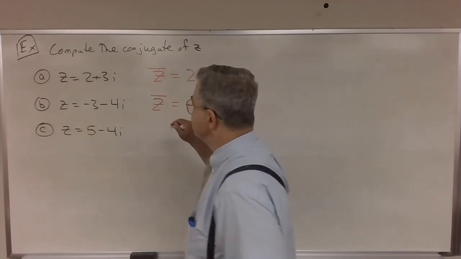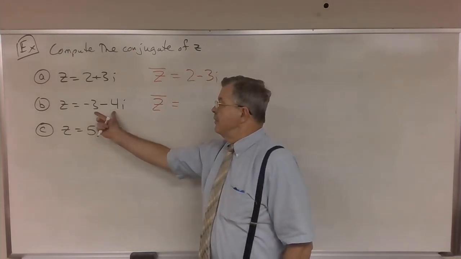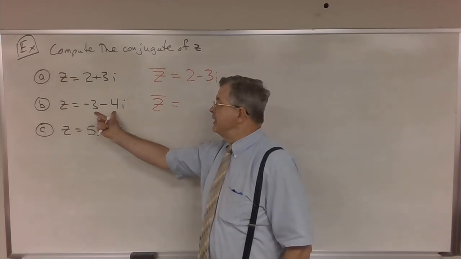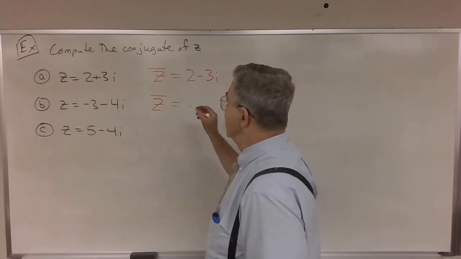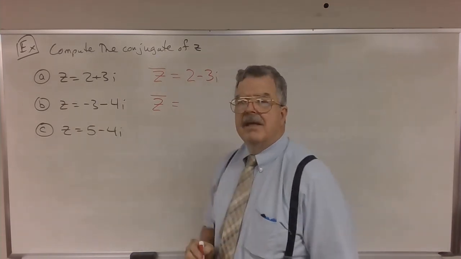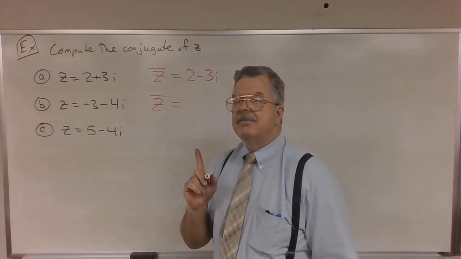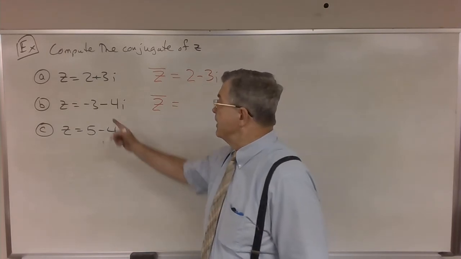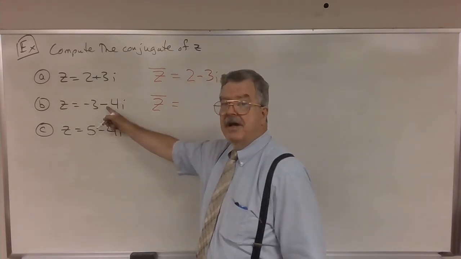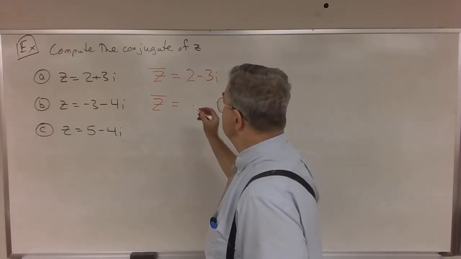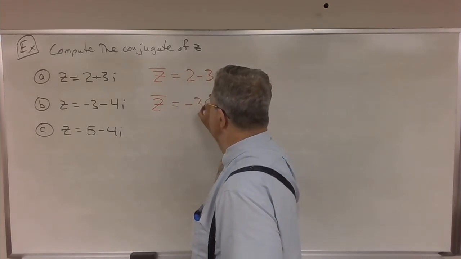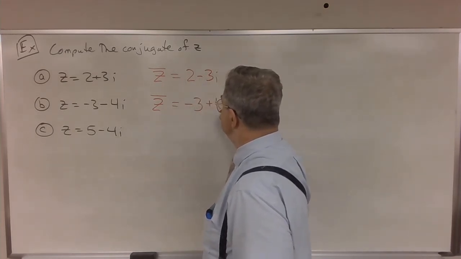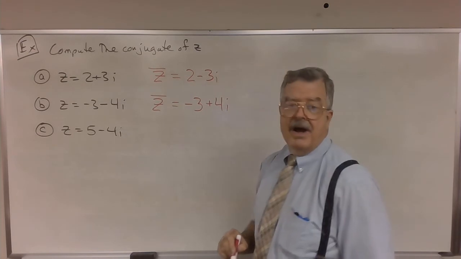Next, we want the conjugate of negative 3 minus 4i. And all we do is we change the sign of the imaginary part. So this is the only sign that we're going to change. The complex conjugate is negative 3 plus 4i.